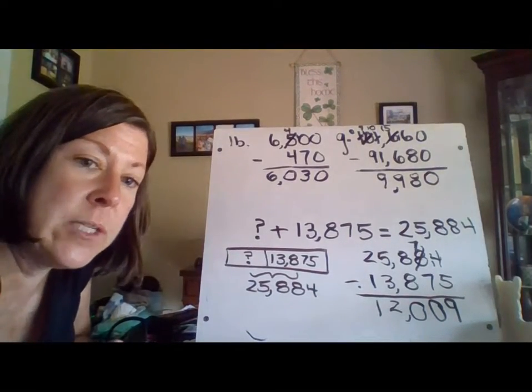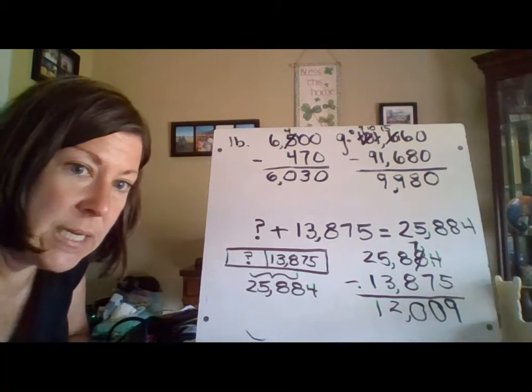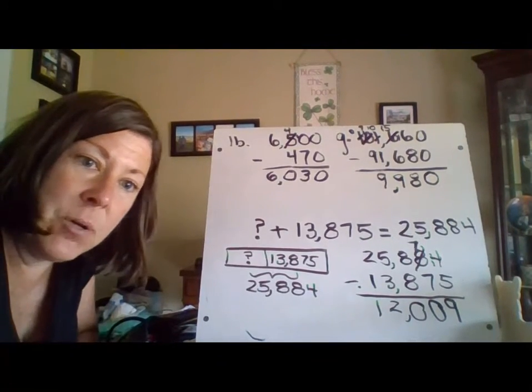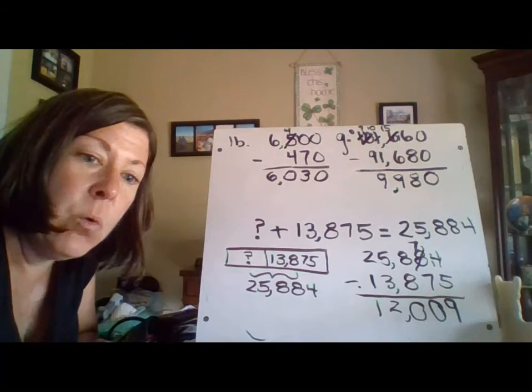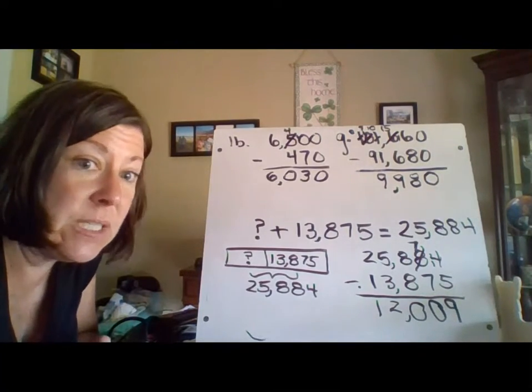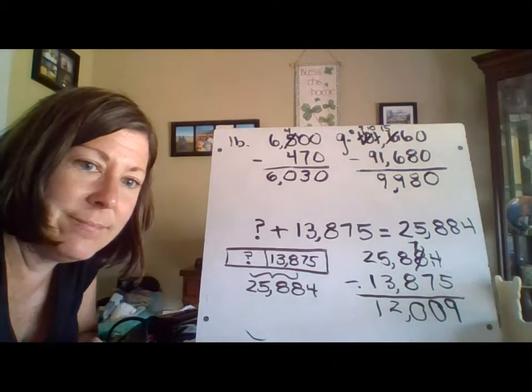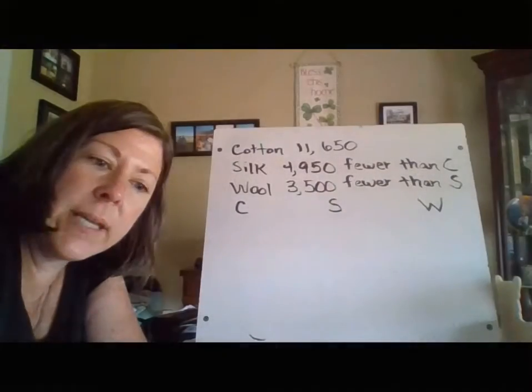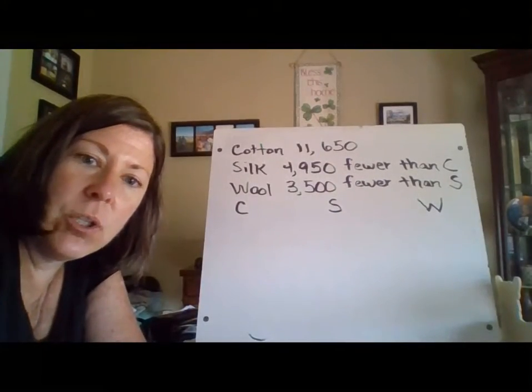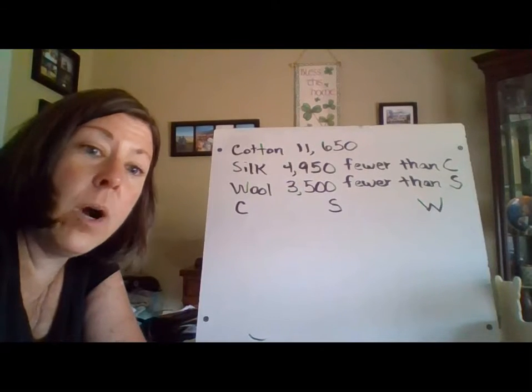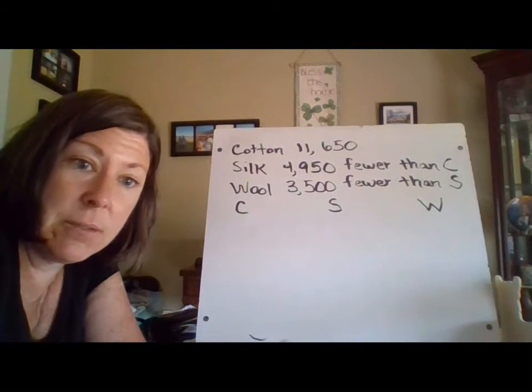So now we're going to move to Tuesday's problem set and do an example from Tuesday's problem set, which is on multi-step word problems. All right, so we're looking at number 1 from Tuesday's problem set.